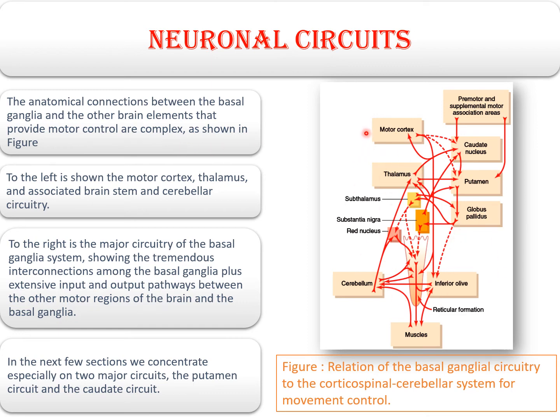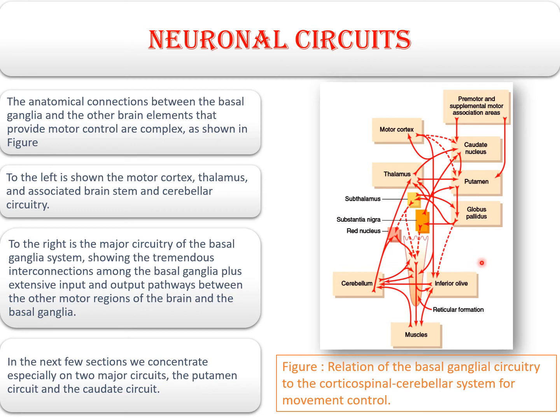To the left side is shown the motor cortex, thalamus and associated brainstem and cerebellar circuitry. Now to the right is the major circuitry of the basal ganglia system, showing the tremendous interconnection among the basal ganglia plus extensive input and output pathways between the other motor regions of the brain and basal ganglia.